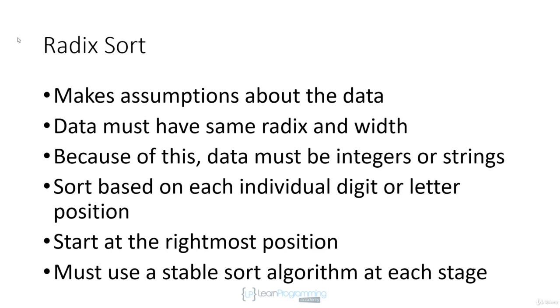So when we sort the values based on the rightmost position, we have to use a stable sort algorithm. And then when we sort based on the rightmost -1 position, we have to use a stable sort algorithm. And once again, you'll understand why when we go through the algorithm. So let's do that now.